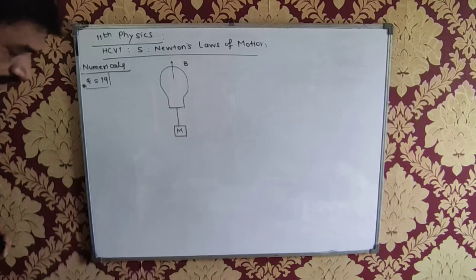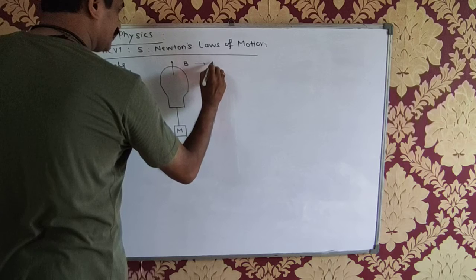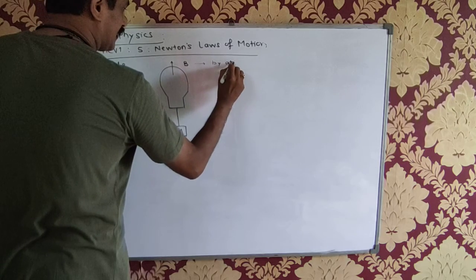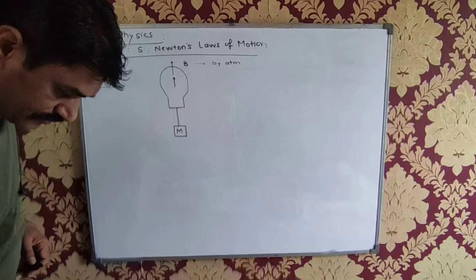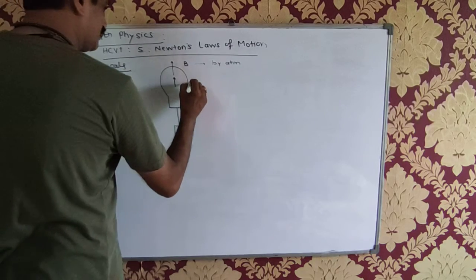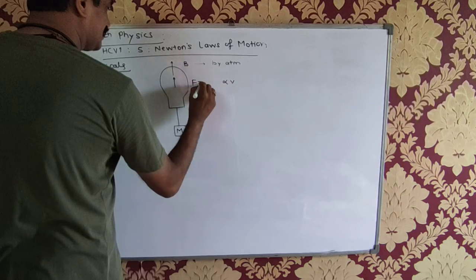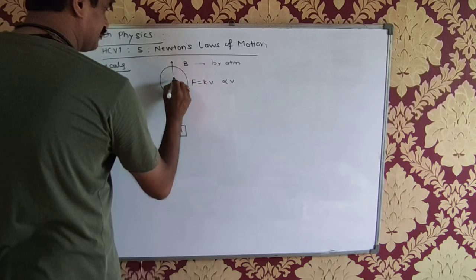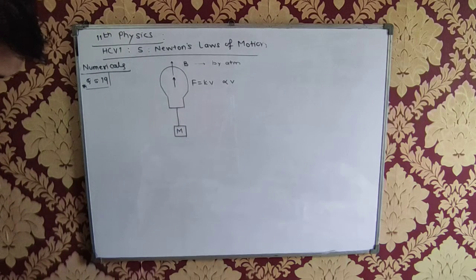So there is the buoyancy force, this is by atmosphere, and then there is the force of air resistance, which is directly proportional to velocity. So I say it is equal to constant into velocity, which is also in the upward direction. Both are in the upward direction.